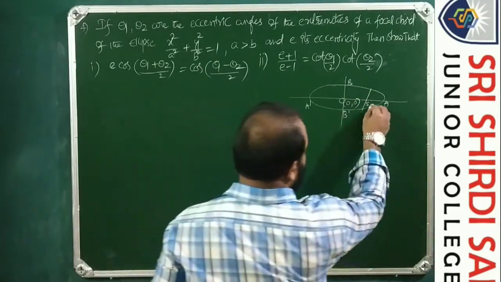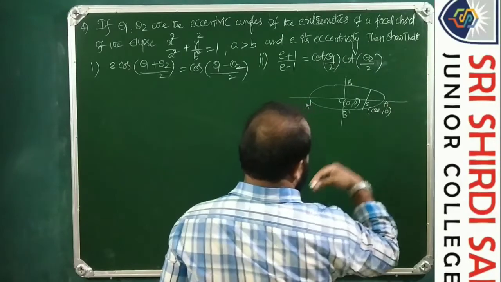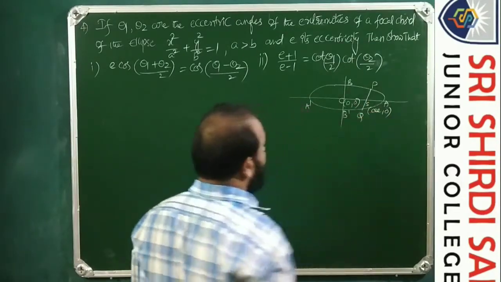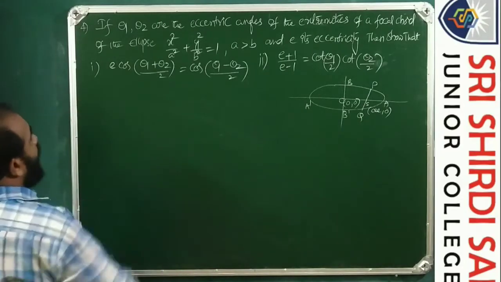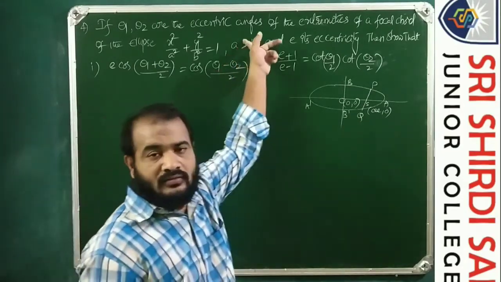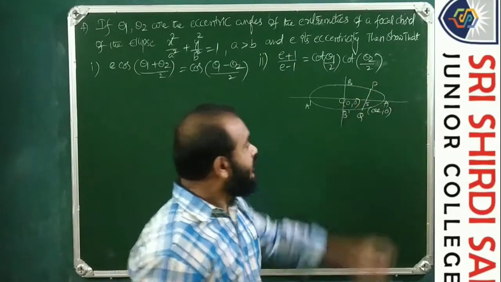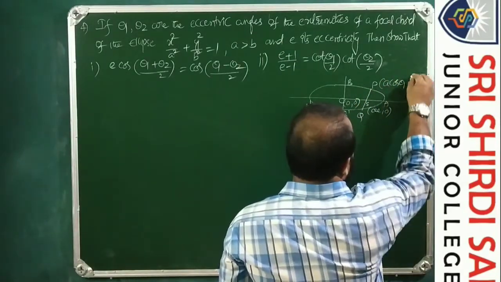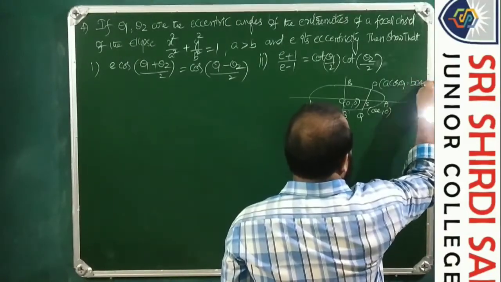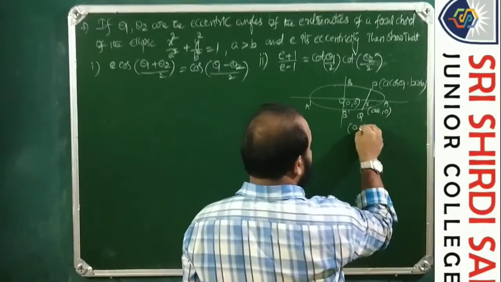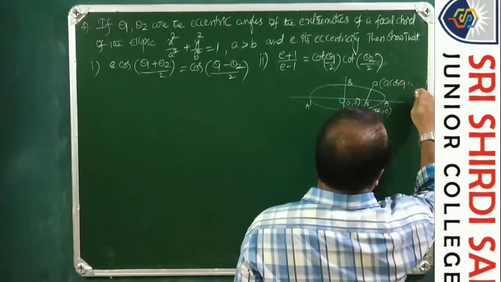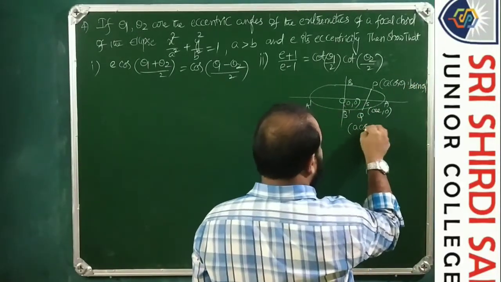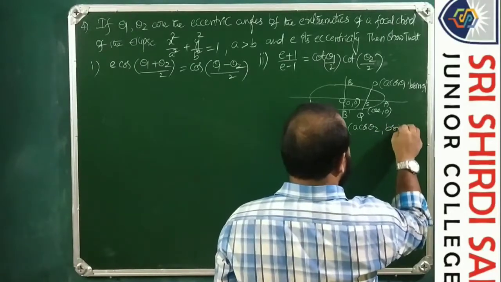So what is S here? S is (ae, 0). Let us suppose the points are P and Q. What is the eccentric angle? P is (a cos theta 1, b sin theta 1) and Q is (a cos theta 2, b sin theta 2).